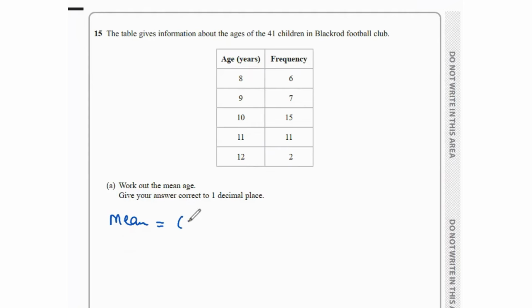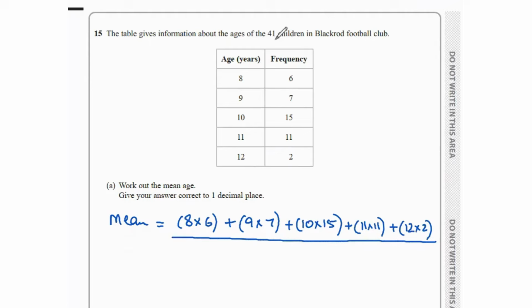So it's going to be 8 times 6 plus 9 times 7 plus 10 times 15 plus 11 times 11 and then plus 12 times 2. And this is divided by the total number of children, which is 41. That is going to give us 9.9. That is the mean age of the children in the football club.